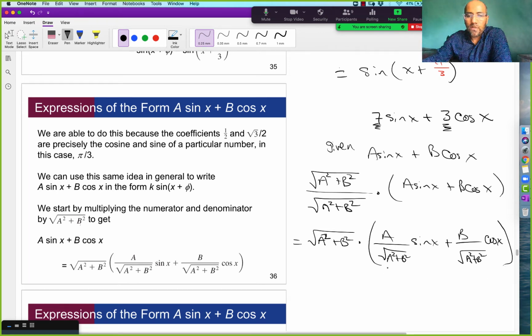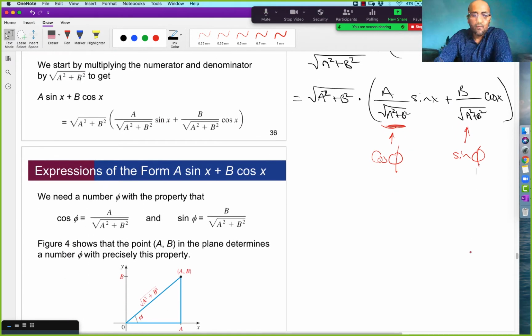And now this part here will work out just like before. We're going to find some angle phi such that cosine of that angle will be equal to this fraction, and such that sine of that same angle phi will be equal to this fraction. Right? That's our goal.